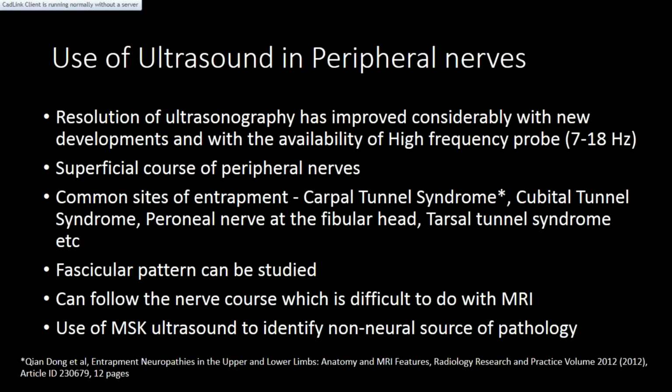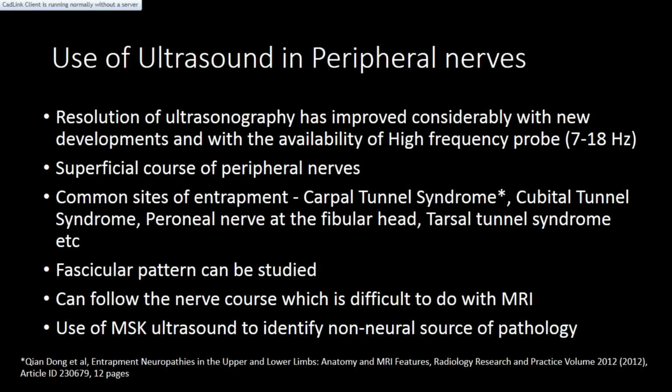Okay. So with the advent and availability of high frequency probes, the resolution of ultrasonography has improved considerably. And because the peripheral nerves run a superficial course, they are easy to scan with high resolution ultrasonography.